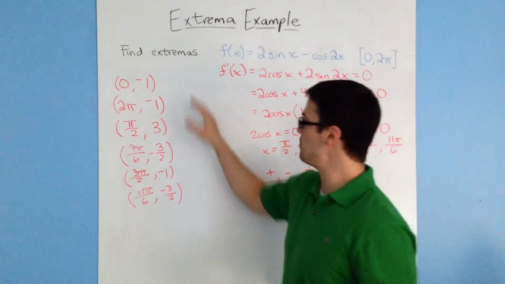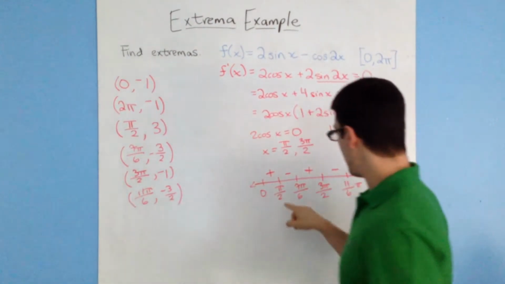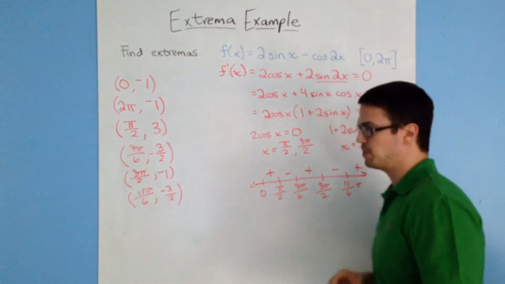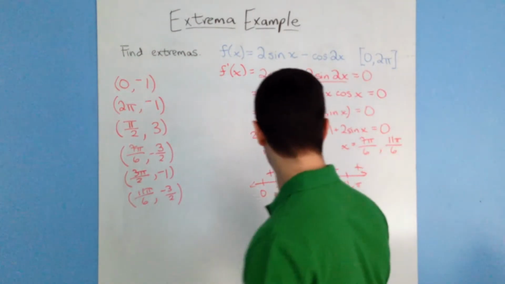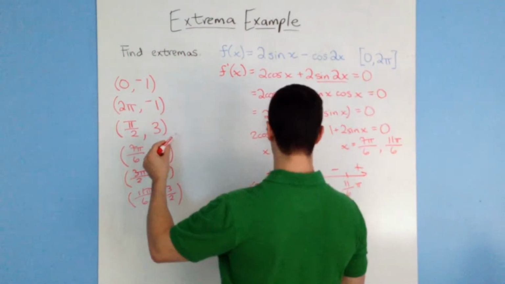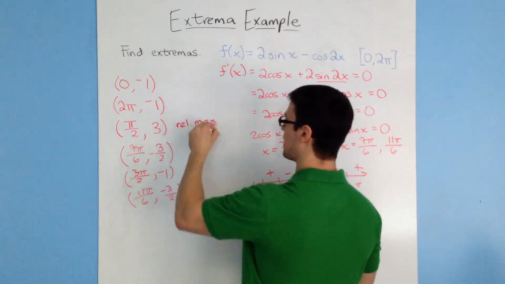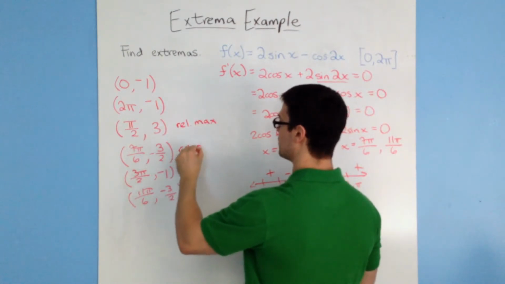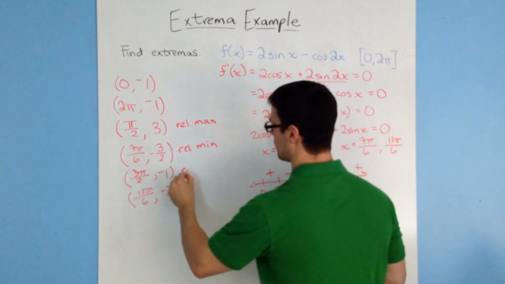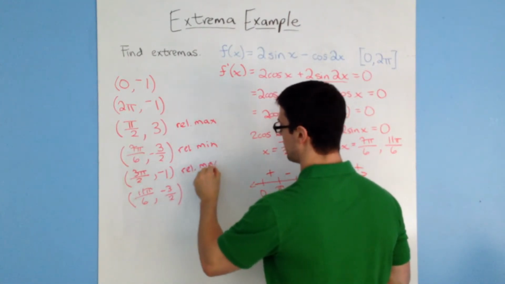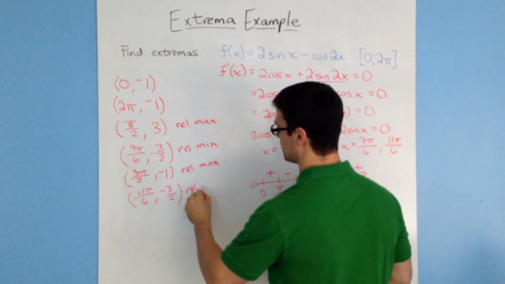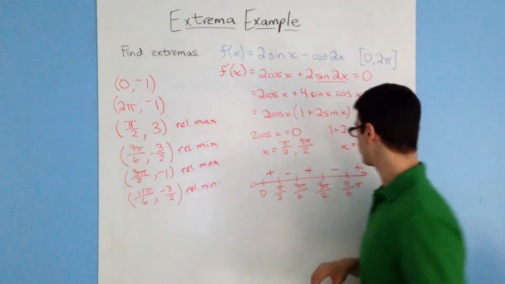Okay, so from here, now I'm going to test each of them. We know that every single one of these is going to be a min, or a relative min, or a max. That means I know that this is going to be a relative max, relative min, relative max, and relative min.